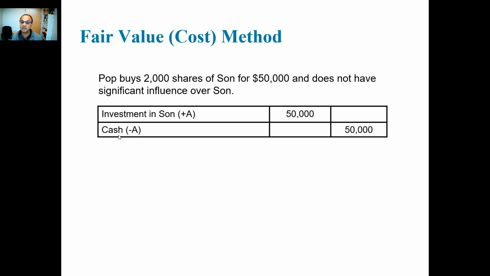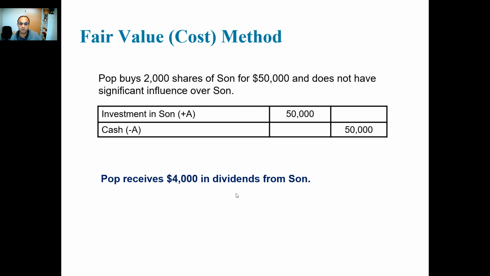But the cash will be credit, so here the assets will be decreased as well. Yes, the net change in the assets will be 0 because plus will offset the minus, but you need to make the journal.